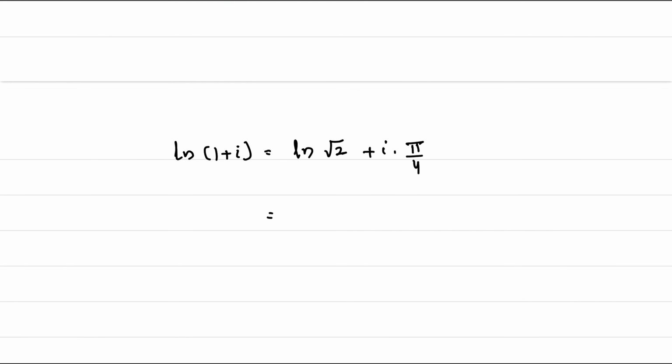The square root of 2 can be written as ln 2 to the power of half, plus i into pi by 4. This can be written as half ln 2 plus i into pi by 4. Do you agree with this value?